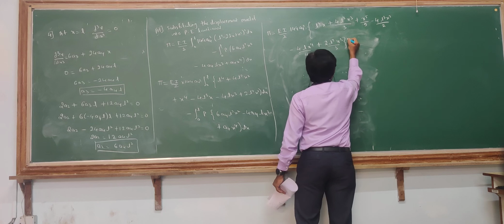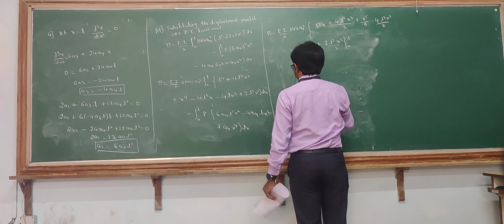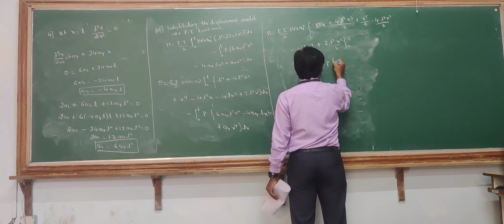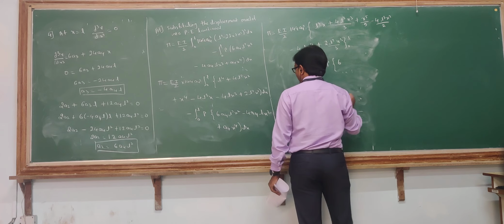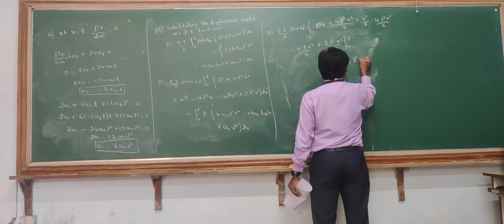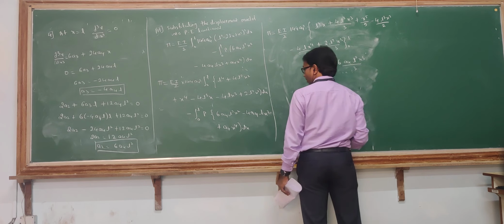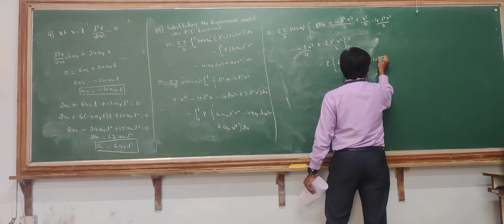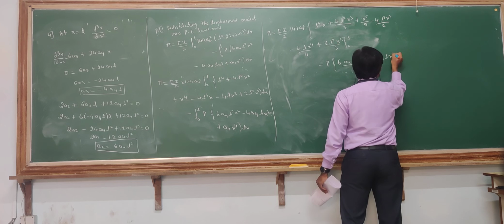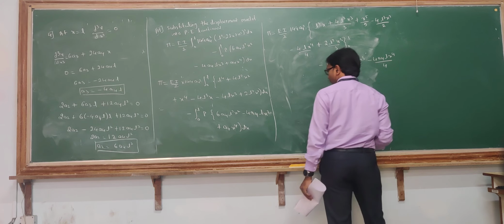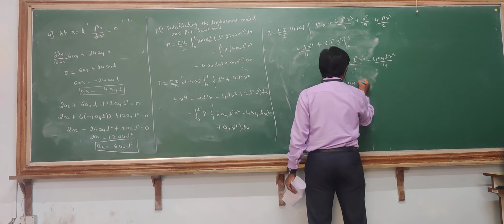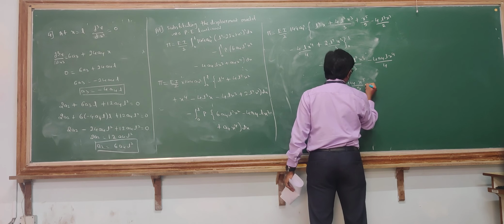The limit is 0 to L, minus this integration I have to do, p into integration 6A4 L square x cube by 3 minus 4A4 L x raised to 4 divided by 4 plus A4 x raised to 5 divided by 5.